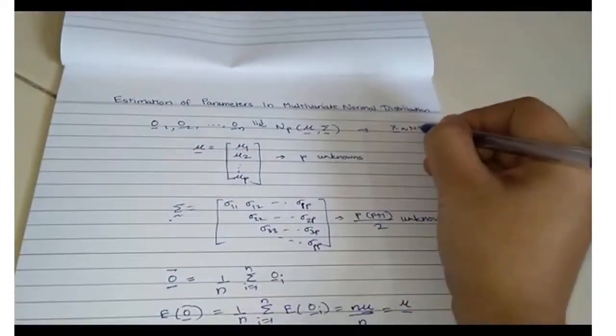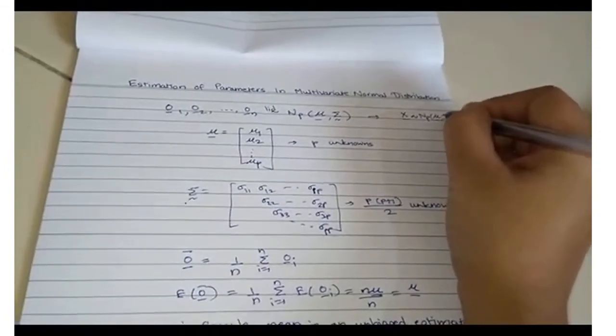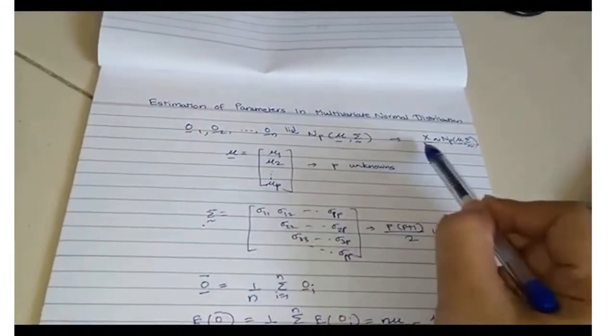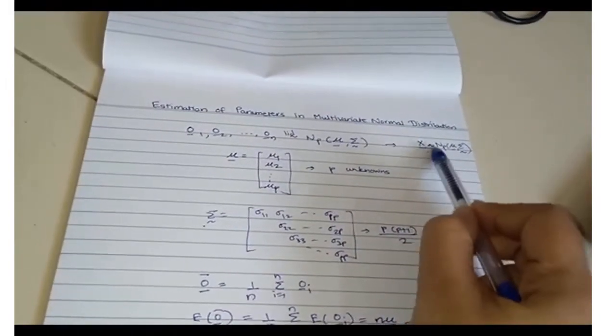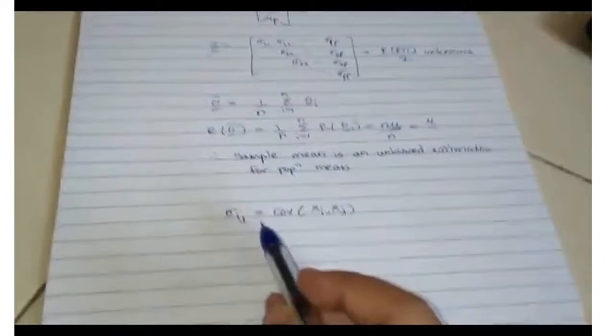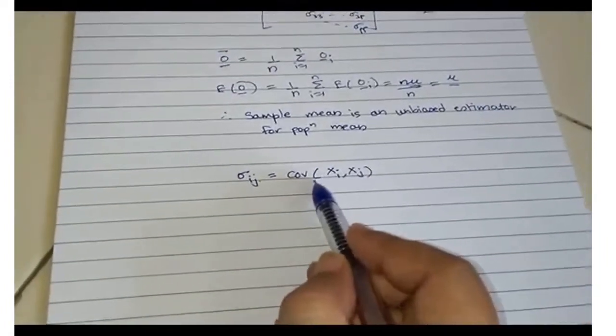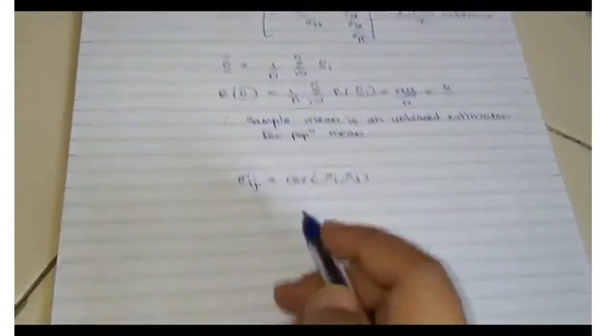Okay, so if I say that x has distribution Np(mu, sigma) and O1, O2, On are just realizations of x, so O1, O2, On are observations coming from distribution of this x, then sigma ij is covariance of xi, xj.